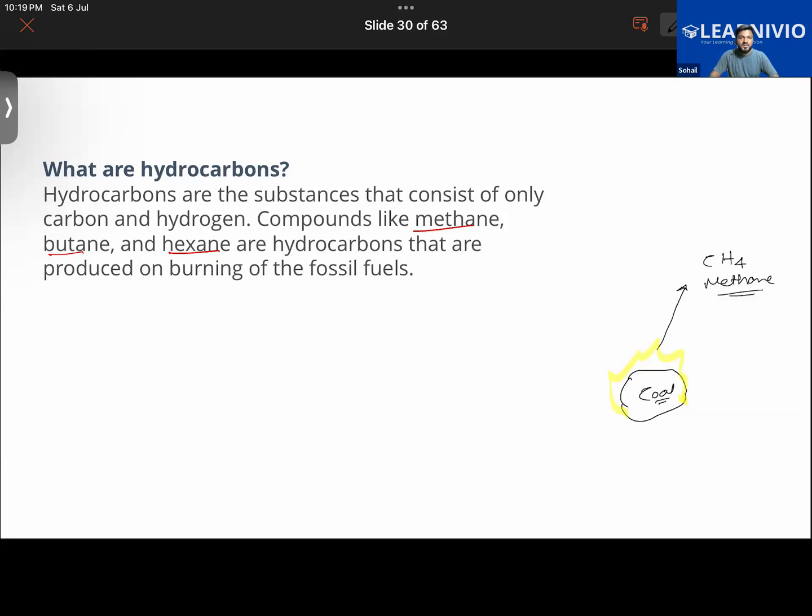Getting it? Just like this, various other hydrocarbons will be released. When we burn coal, various hydrocarbons are released. Just like this, butane will also be released, or hexane is released.